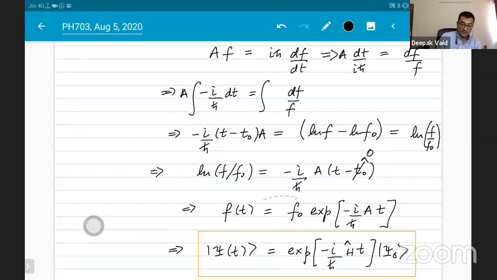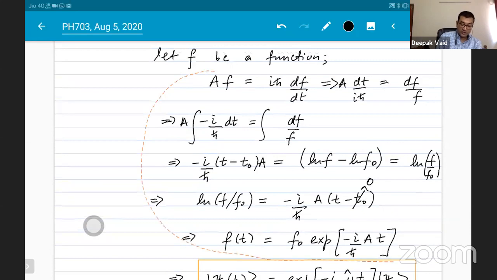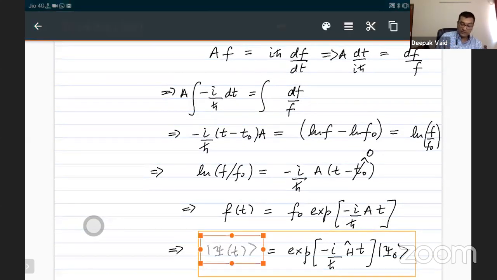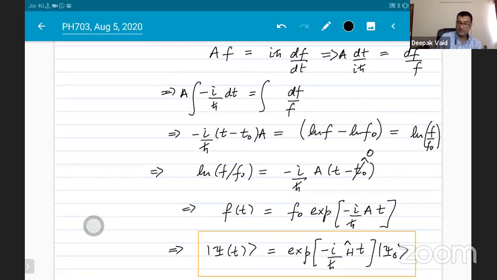In this expression, I was not very careful about where I put f, because I was just treating f as some ordinary expression and I wasn't treating A as an operator. But the purpose of this whole derivation was to show you how to get this final form. And now what I'm telling you is that one can do this derivation rigorously, with operators and states, and you will get exactly this solution. So this is the solution of the Schrodinger equation.